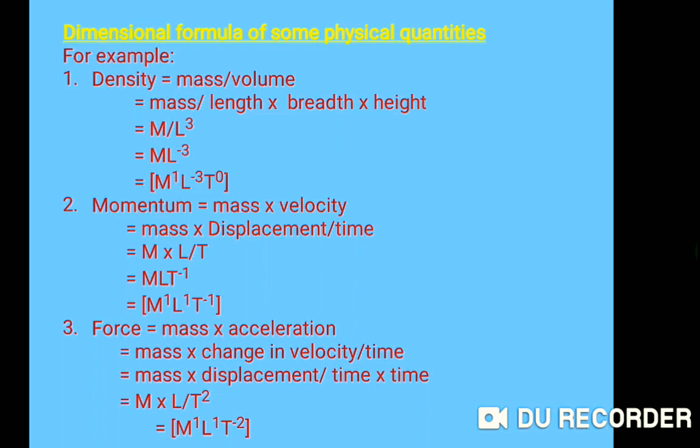Displacement upon time. So our formula becomes mass into displacement upon time into time. So mass M, displacement as length, and time into time means t raised to power 2. Now our formula becomes M raised to power 1, L raised to power 1, t raised to power minus 2.